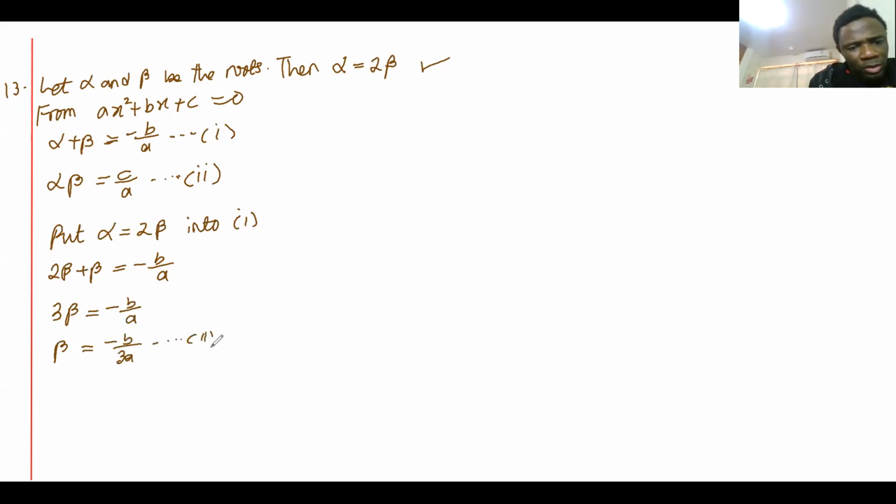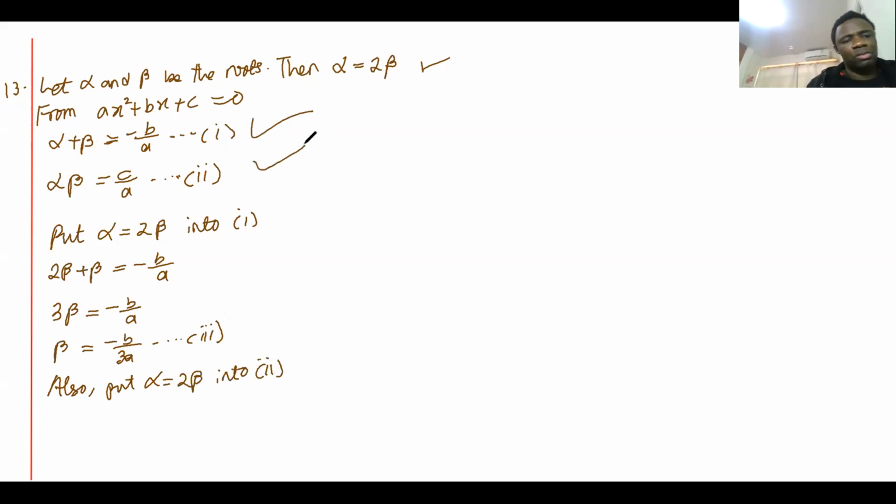So I'm going to call that 3. Similarly, I could put the same alpha equals 2 beta into equation 2. I'm dealing with these 2 equations. So instead of alpha beta, it is going to be 2 beta times beta equals c over a.